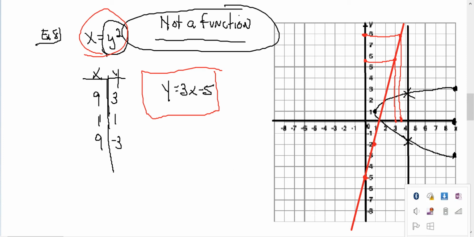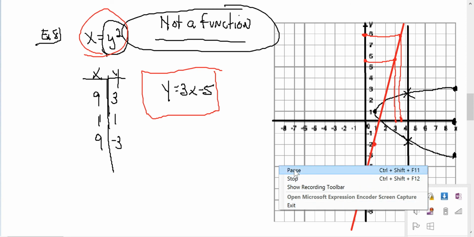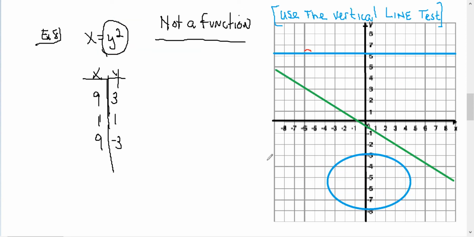Okay, next. For my next set of examples, very easy, we're going to use the vertical line test to determine if these graphs are functions. So I've got this blue horizontal line here. If I do the vertical line test on this, anywhere on this graph, we can see that it intersects the line at one and only one point.